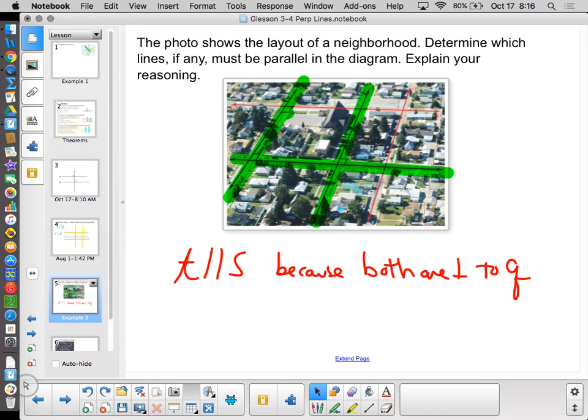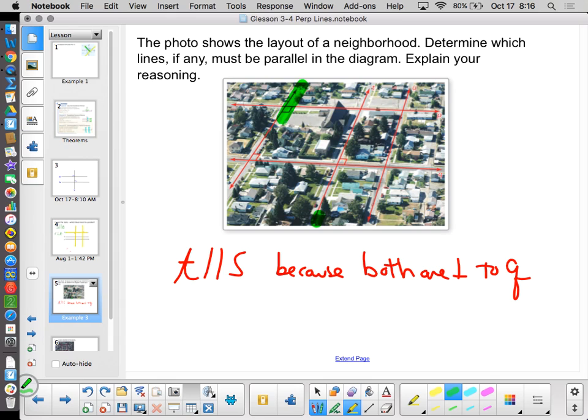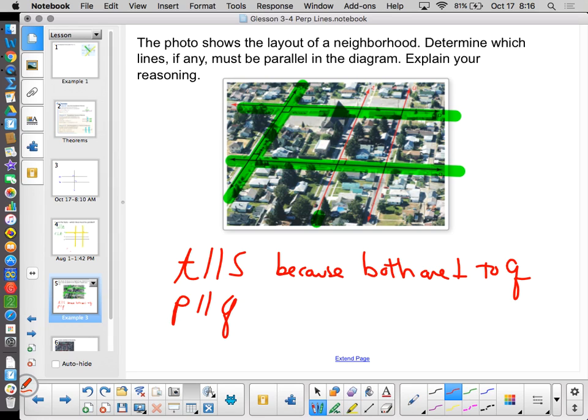What else do we have? Well, if I look further, I notice that there are two lines perpendicular to this one. S is perpendicular to both P and Q, so P must be parallel to Q because both are perpendicular to S. Do I know anything about U?